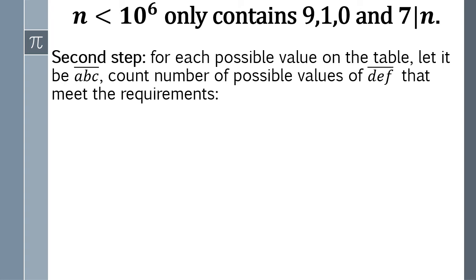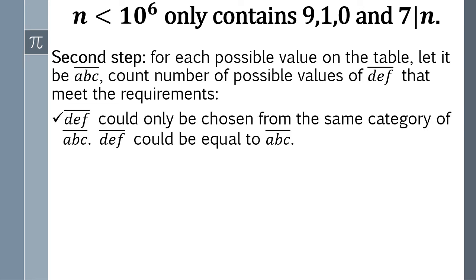Second step, for each possible value on that table, I will set it to be abc. Then I need to count the number of possible values of def that meets the requirement. There are two requirements here. First, def could only be chosen from the same category as abc because they need to share the same remainder divided by 7.